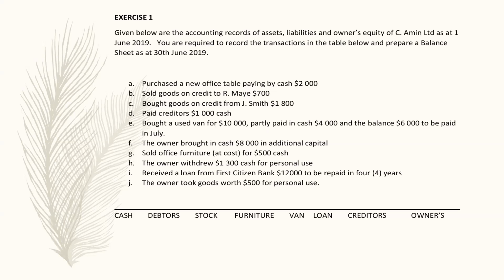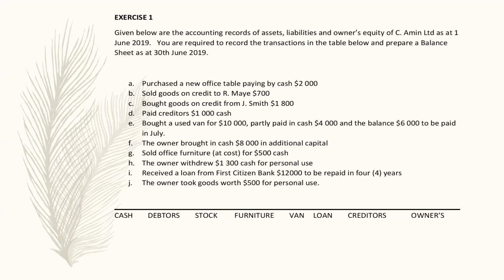I'm not going to leave you to calculate, but for each column I'm going to give you the figure because we want to go straight into the balance sheet. For your cash column, you are supposed to get a plus $12,200. Under your debtors, plus $700.